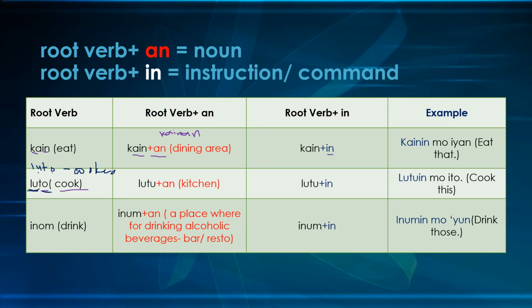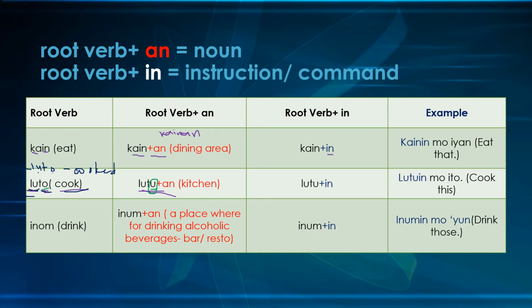So these two things are different. Luto is cook or to cook. Luto is cooked or already cooked. Let's go back here. Luto. By adding an, we will have lutuan. And here, the letter O has been exchanged with the letter U.